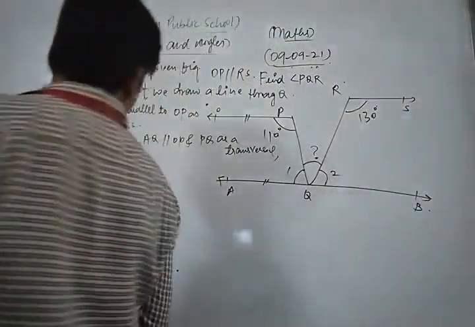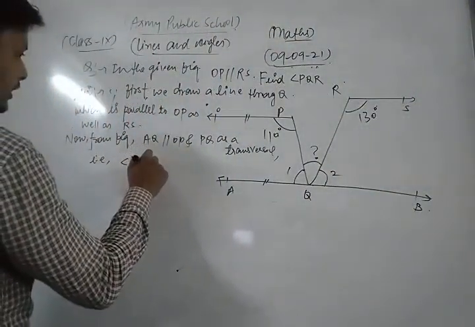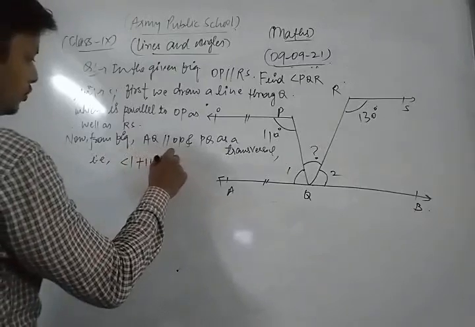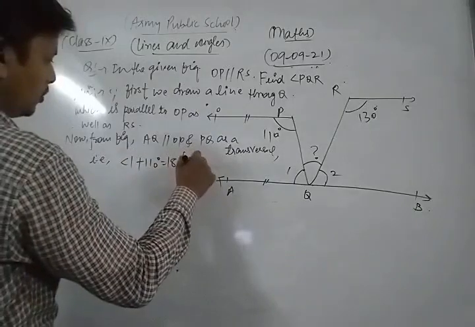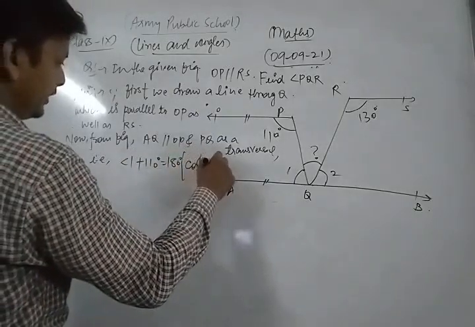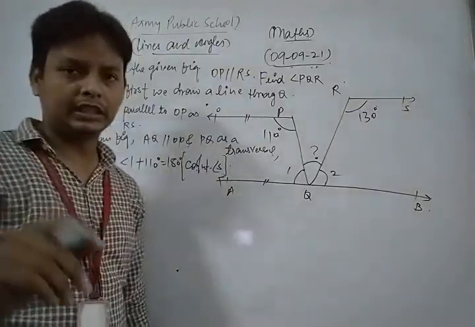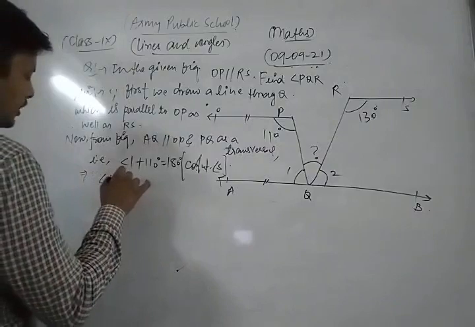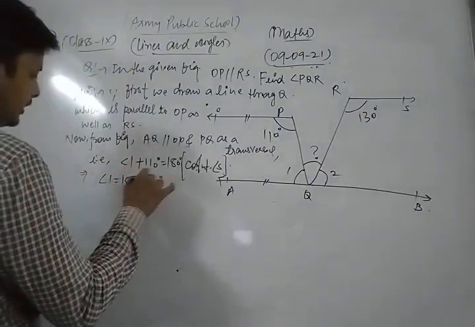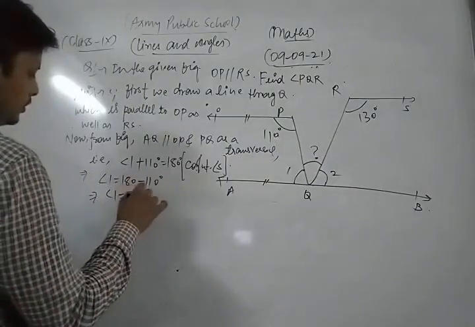So angle 1 plus 110 is equal to 180, because co-interior angles are supplementary to each other. From there, angle 1 is equal to 180 minus 110 degrees, so angle 1 is equal to 70 degrees.